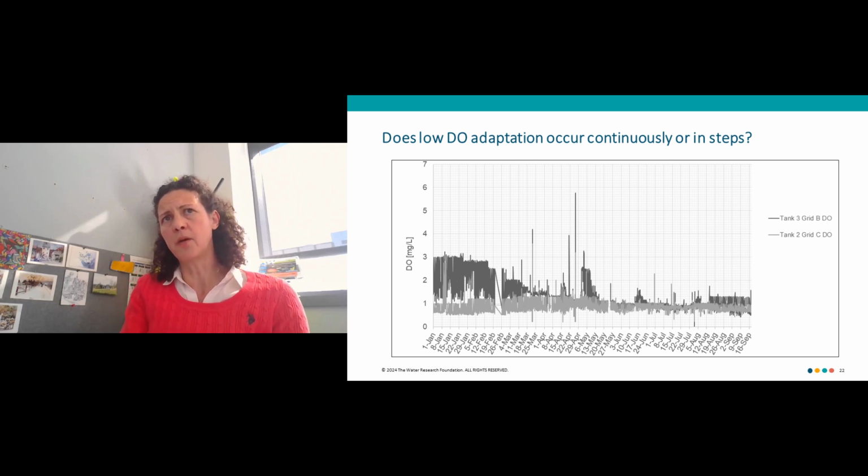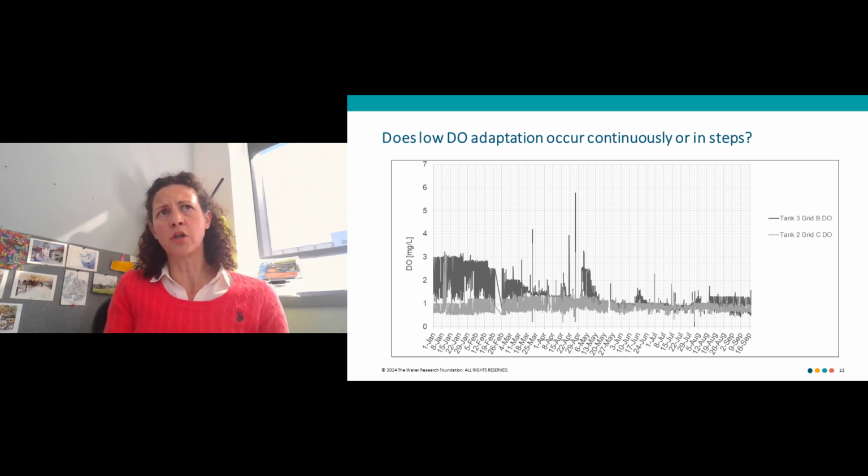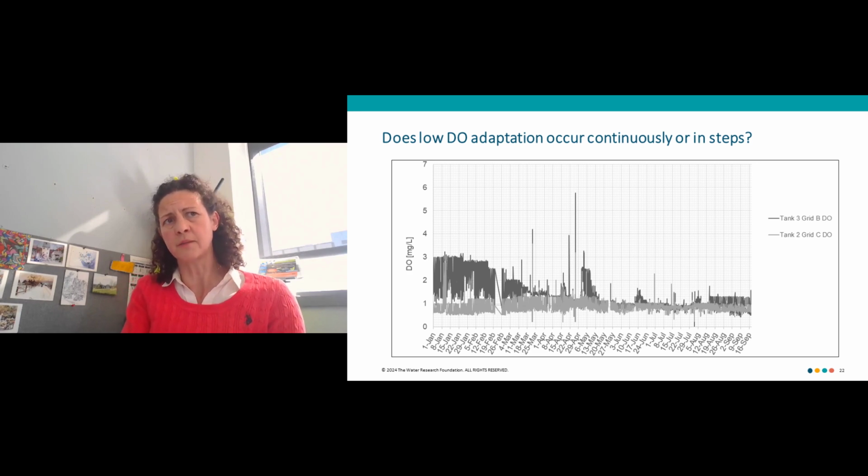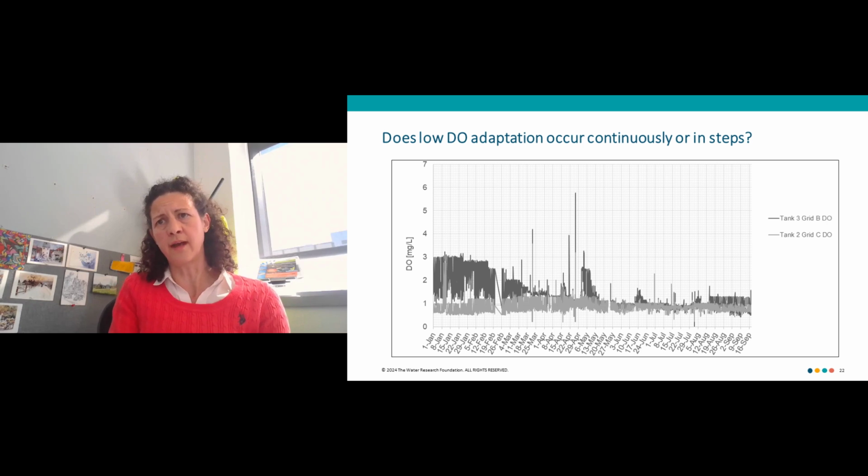So really, why talk about low DO and why introduce the term suboxic? I want to show just exemplarily, and we'll get more into that in the next webcast, some data from Pomona, which shows how we over time reduced the DO conditions in their two aerated zones in their basins, grid B and C. And so you see that over time we reduce the DO from up to 3 as a peak down to about 1 and about 1.2 or 1.3.